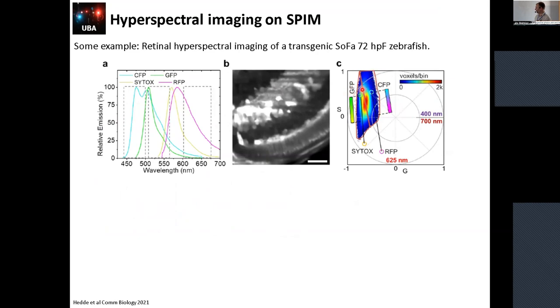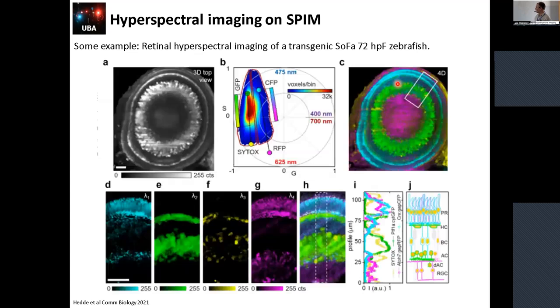So when we obtain the data and we transform to the phasor, we immediately can see that the phasor can be split into linear combinations of green, yellow, cyan, and magenta here. And if we highlight the retina, you can more or less recompose all the different components for the different cellular markers.